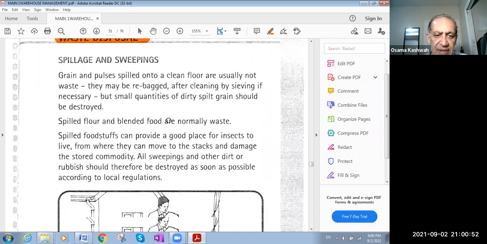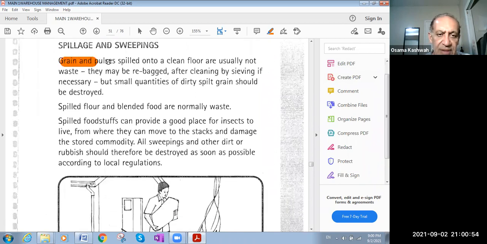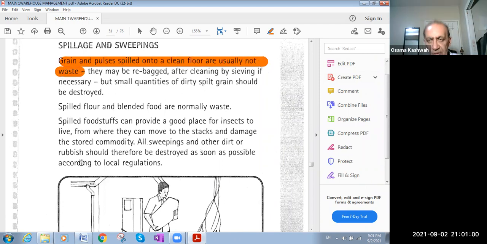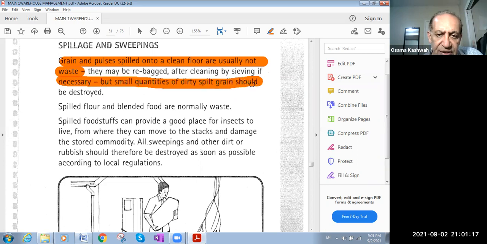Spillage and sweepings. Grain and pulses spilled onto a clean floor are usually not waste. So if the floor is clean, the grain on the floor is not waste. They may be bagged after cleaning by sieving if necessary, but small quantities of dirty spilt grains should be destroyed.